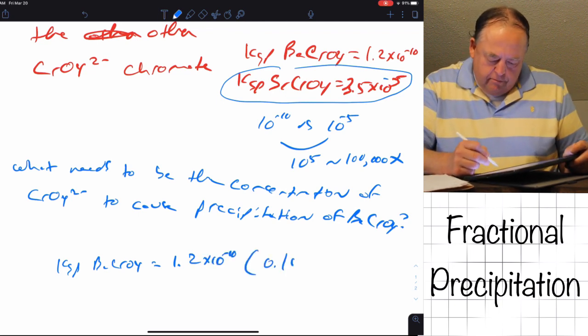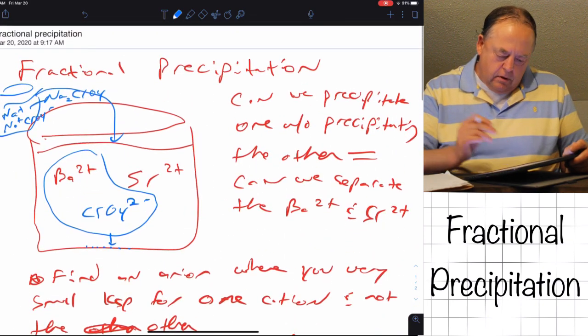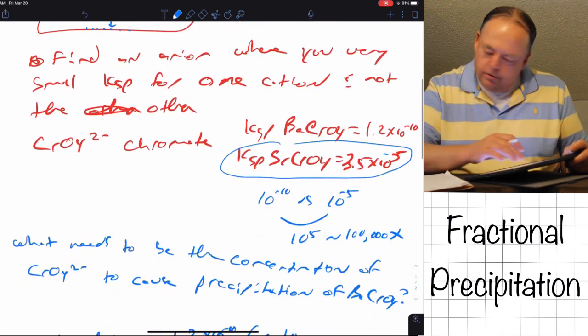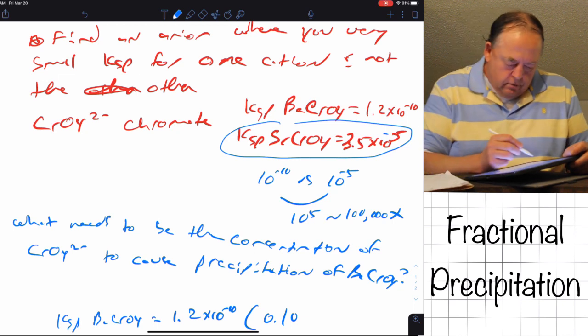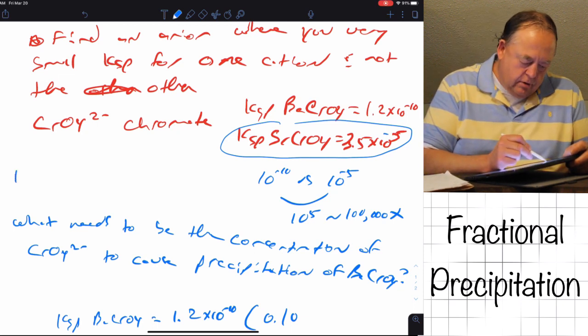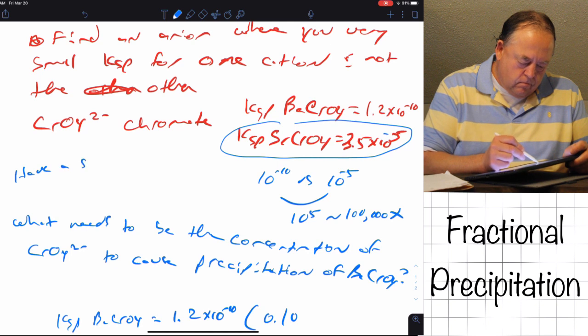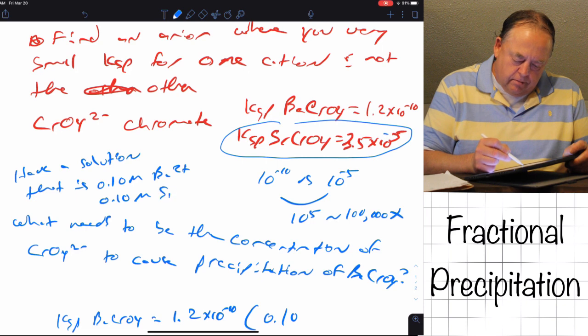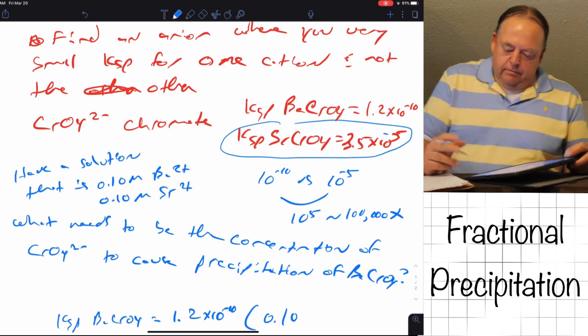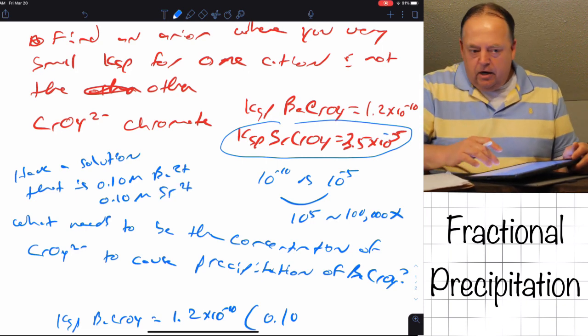Let's say we have a solution that is 0.10 molar barium and 0.10 molar strontium. What needs to be the concentration of chromate to cause the barium to precipitate?